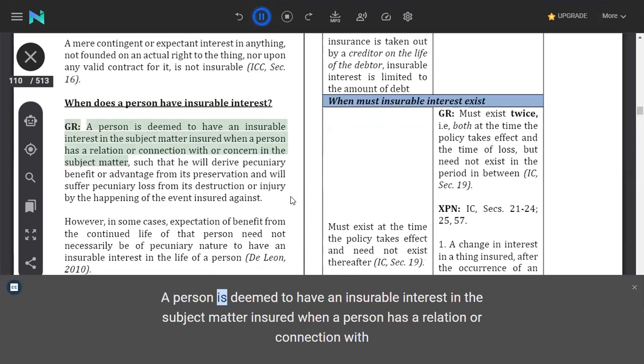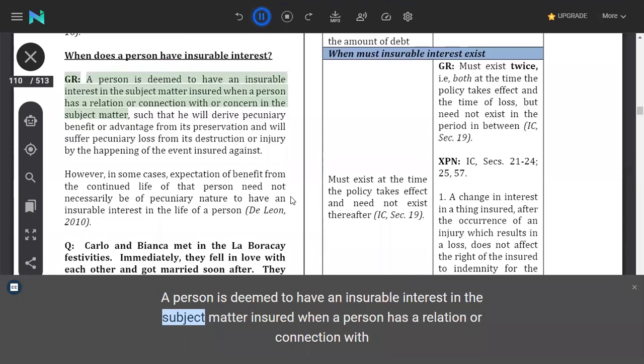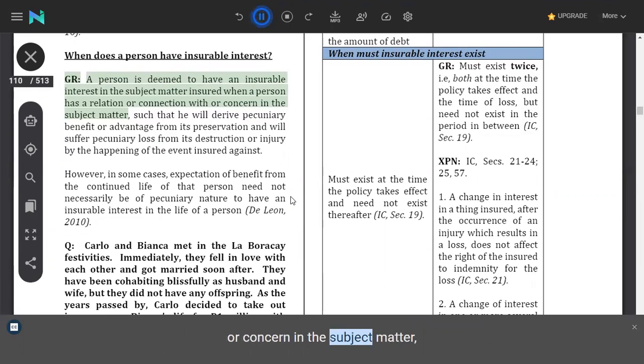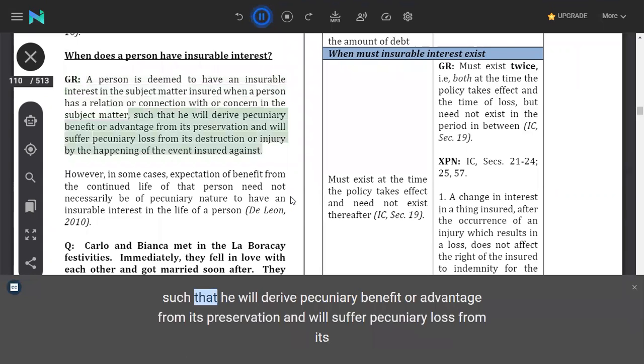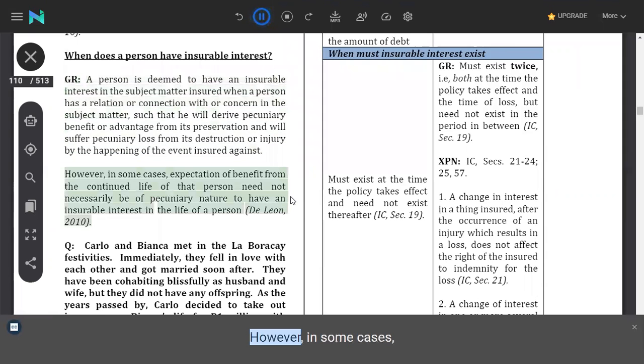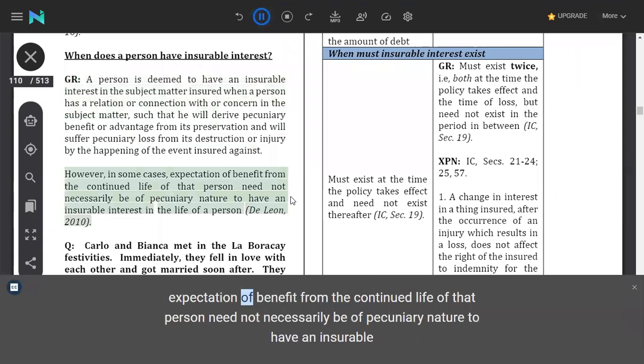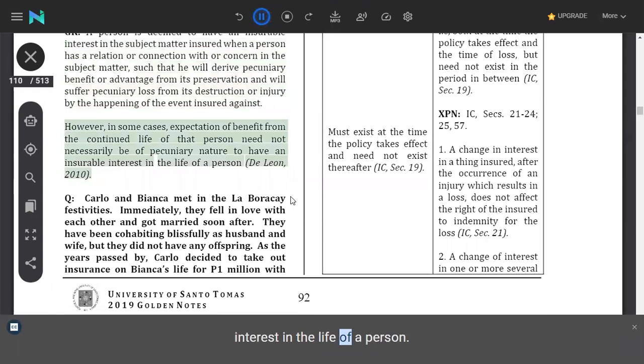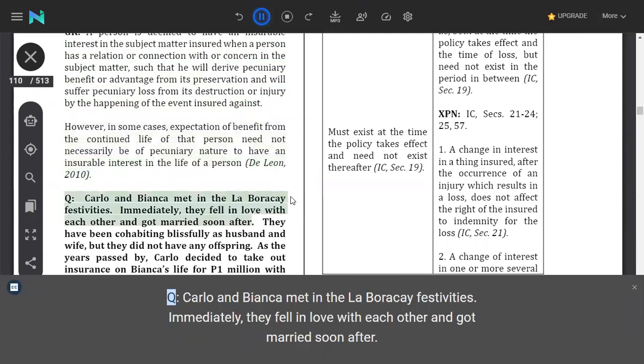A person is deemed to have an insurable interest in the subject matter insured when a person has a relation or connection with or concern in the subject matter, such that he will derive pecuniary benefit or advantage from its preservation and will suffer pecuniary loss from its destruction or injury by the happening of the event insured against. However, in some cases, expectation of benefit from the continued life of that person need not necessarily be of pecuniary nature to have an insurable interest in the life of a person.